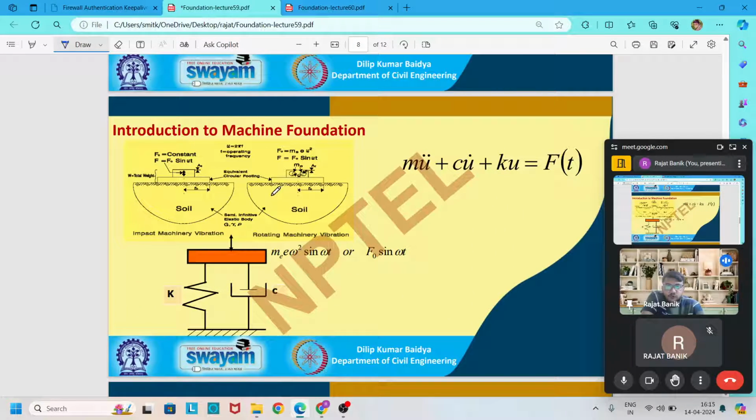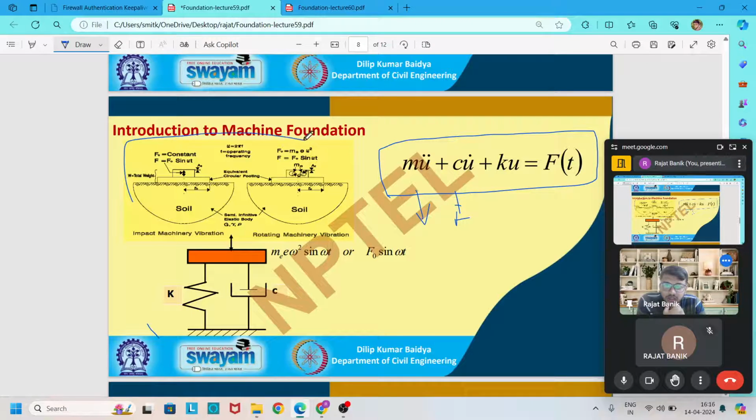And then rotating mass machine. For this, we also use block type foundation, and for this we want to find out the dynamic property response. So we use this equation. This is nothing but the forced damped vibration equation, and this is the arrangement.